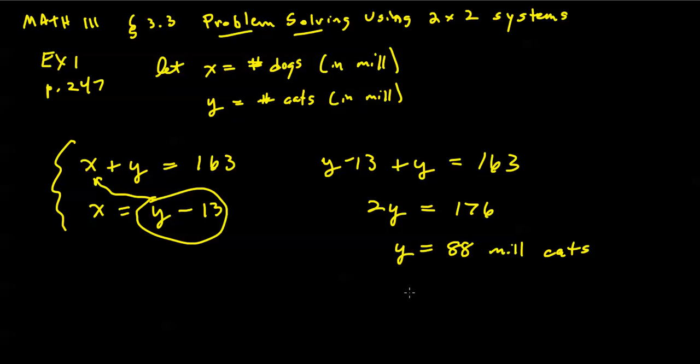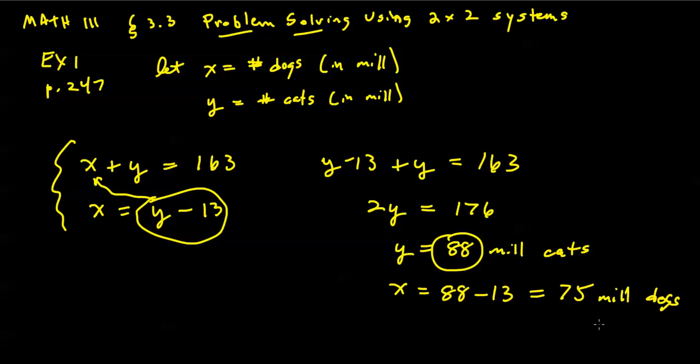And it's a simple matter then to substitute this value of 88 into either of these equations and solve for x. So I'll pick the second one. X equals 88 million minus 13 is, of course, 75 million in dogs.